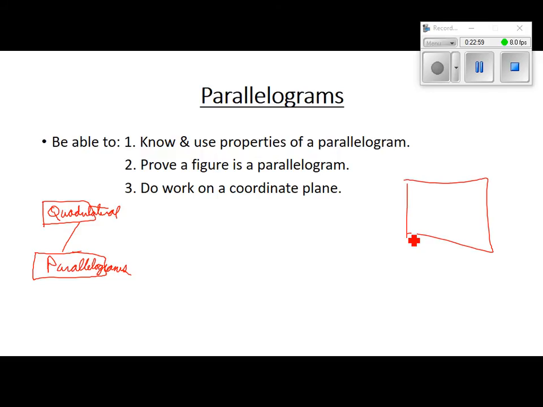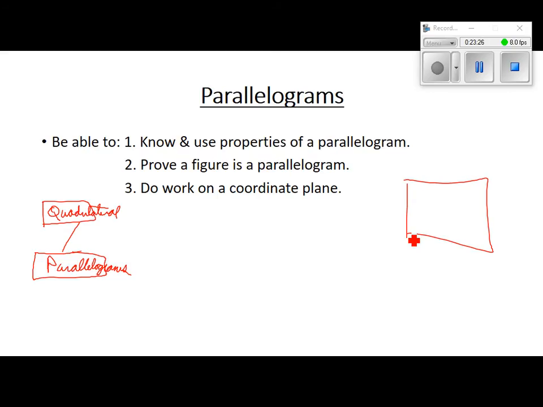And this is the problem that we're gonna have, because when it comes test time, I'm gonna ask you what that shape is. And a bunch of you are gonna say it's a square or rectangle or whatever. Don't go by what it looks like, go by what you know about the shape. By the end of this chapter, I should be able to give you any four-sided figure, and by the information that you know about it, you can tell me what it is.